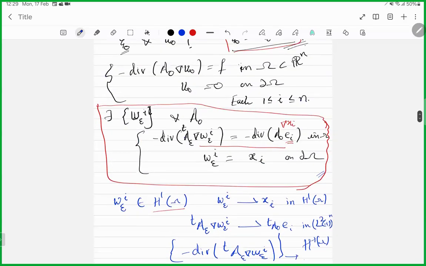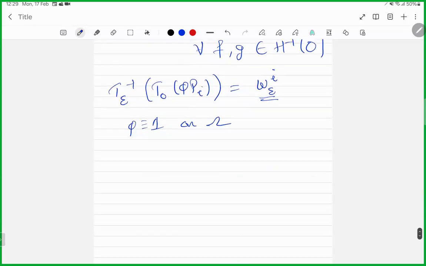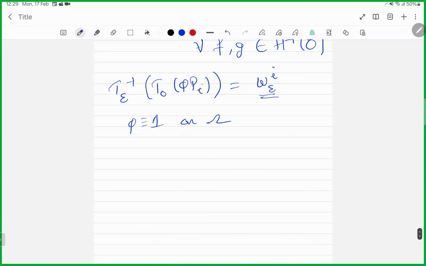But I still have not defined what is A0 here. How A0 is defined is that once I have this W epsilon I, this quantity is bounded in L2. So up to a subsequence, you have a weak limit, something eta I. You define this as your A naught.